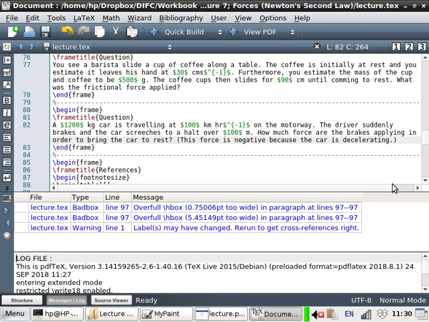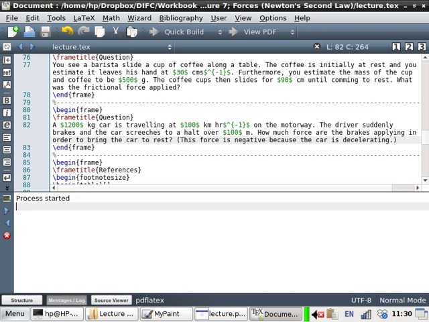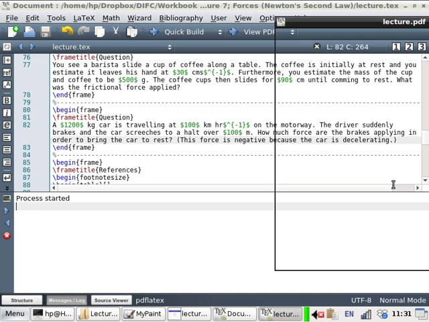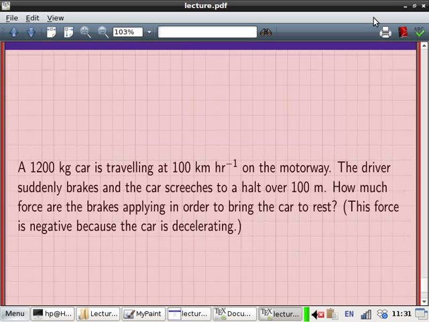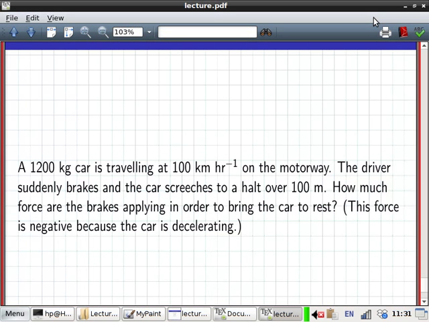Okay, so it's very similar to the last example. How much force are the brakes applying?